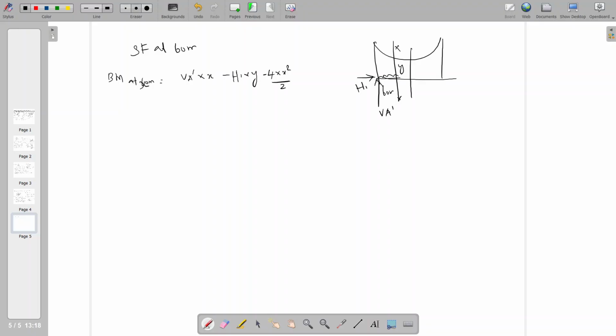This is the bending moment equation. If we differentiate the bending moment equation with respect to x, it will give the shear force equation. So VA dash minus H1 into dy by dx minus 4 into 2x by 2, which is minus 4x.